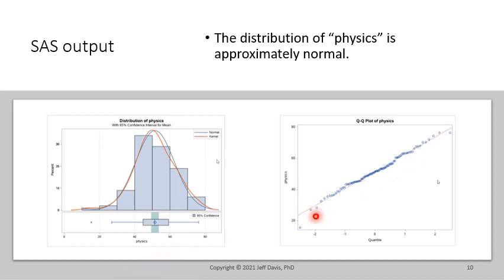If all these data points fall along this line, we're looking at a perfect normal distribution. We can see that they're pretty tightly clustered around that straight line. There is some deviation from it, so it's not a perfect normal distribution, but it's pretty close. Ideally we want a perfect normal distribution, but in reality we typically only deal with pretty close.